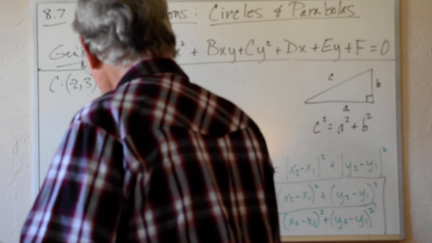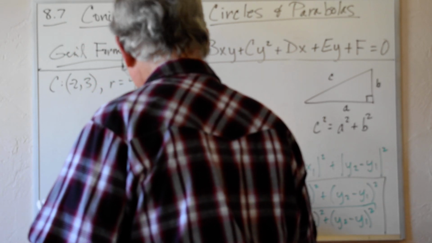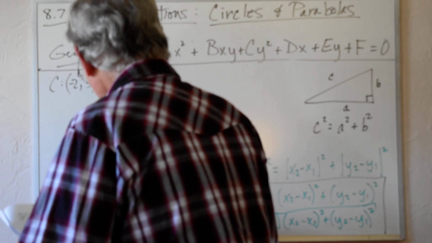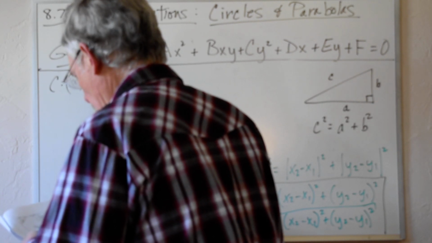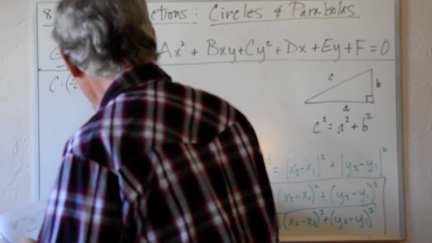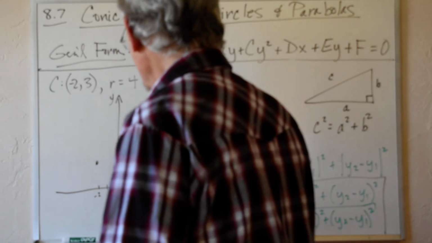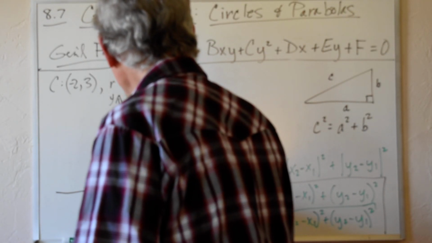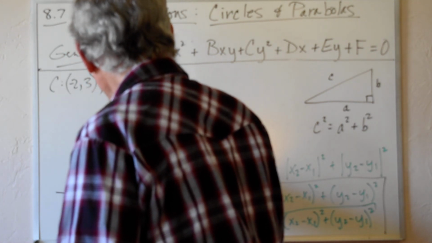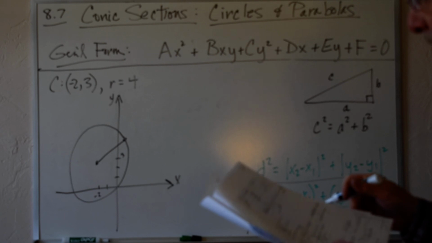A picture of it is in that figure there. -2 is over here, +3 is over here, so there's the center of the circle. Now, the radius is 4, so it's going to stick out to about here maybe, and I'll draw the circle. Again, my apologies, it's really tough to draw those things on a whiteboard like this.